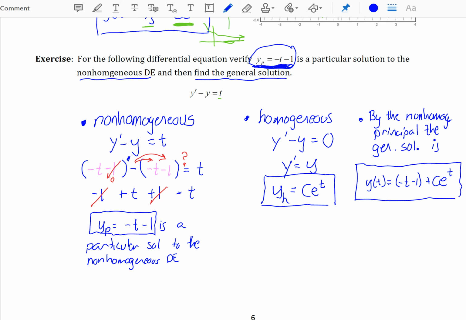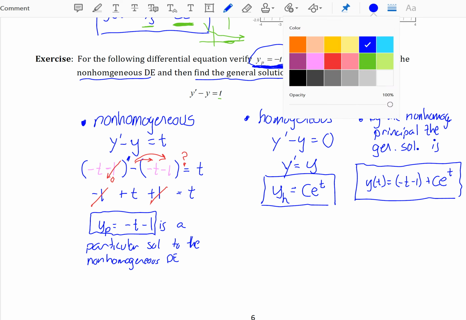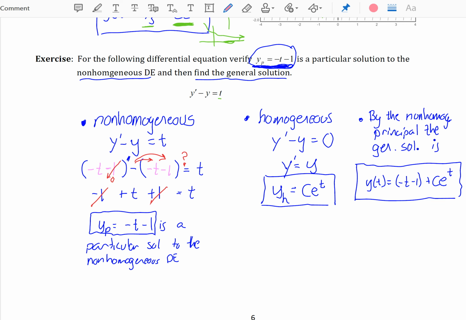Now, it might be fun for you to verify this is a solution. So I'm going to stop the video here, but if you want to do a little bit more work, just to verify that this is true, it might be nice to actually evaluate all of this into the differential equation to verify this really does still equal t.